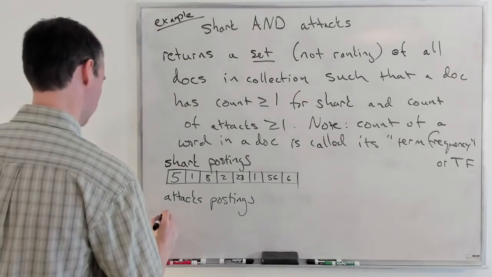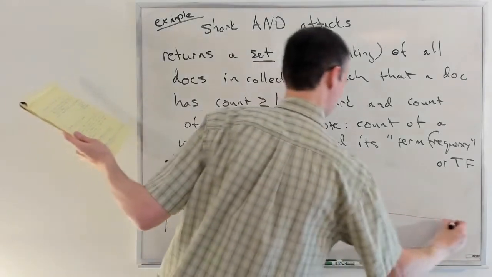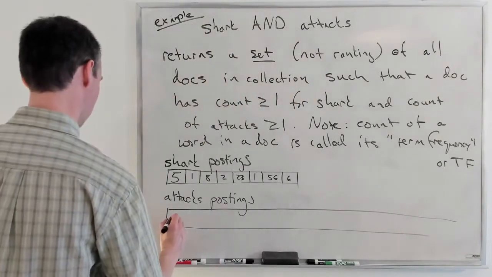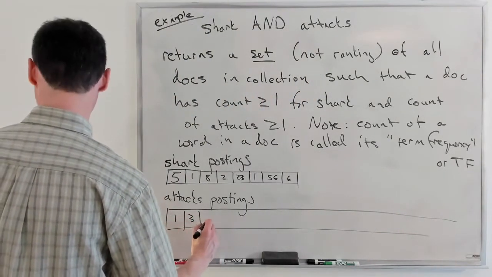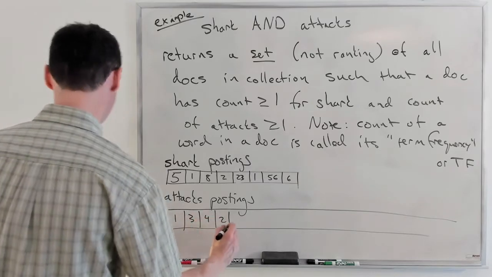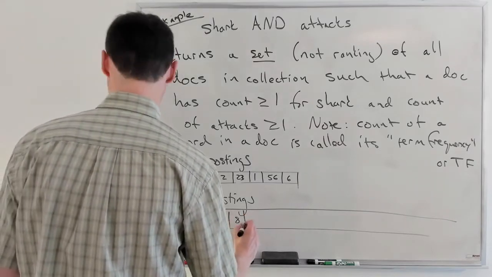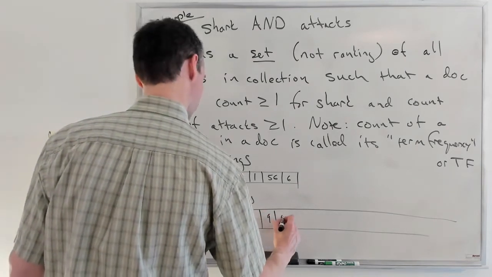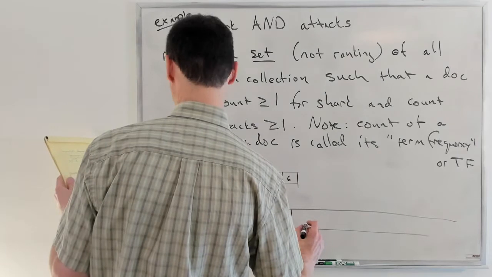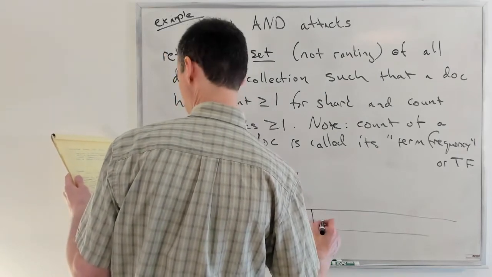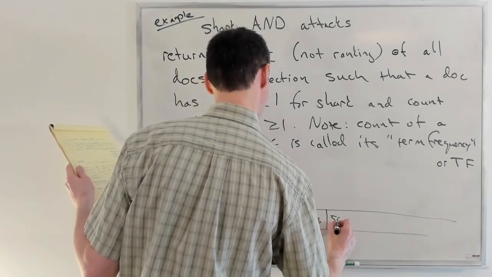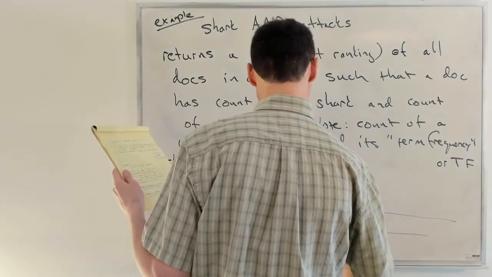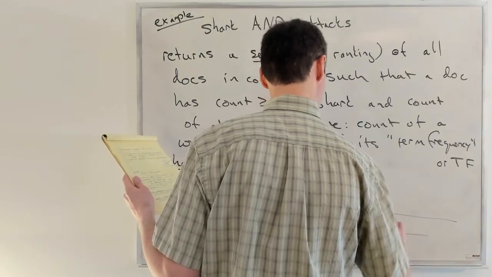Then in attacks, the word occurs much more than the word shark. Document 1 3 times, document 4 2 times, document 8 1 time, document 9 4 times, document 50 3 times, document 56 4 times, and document 101 3 times.